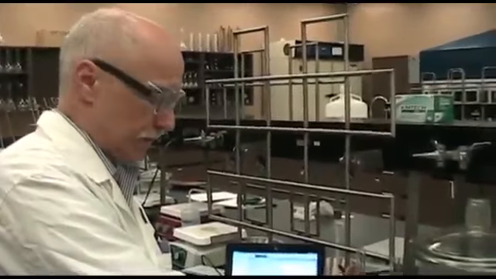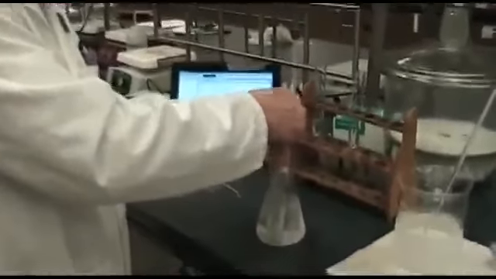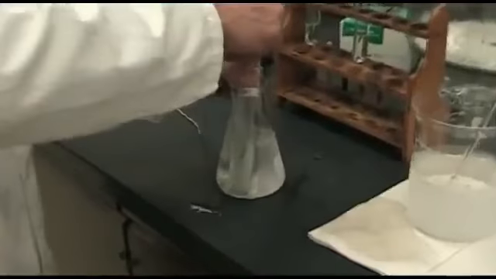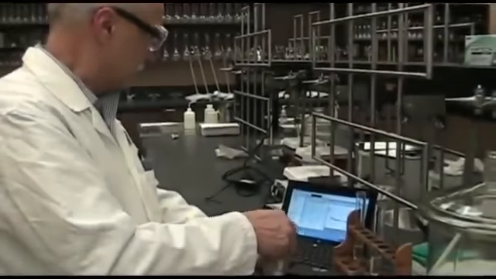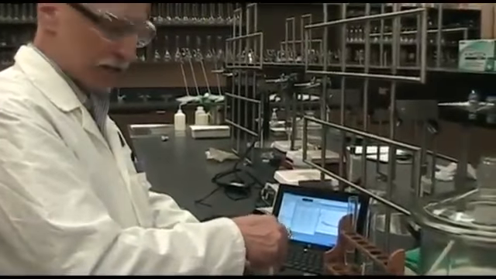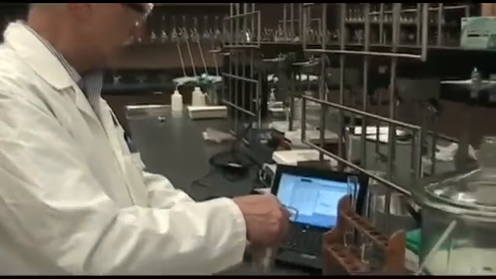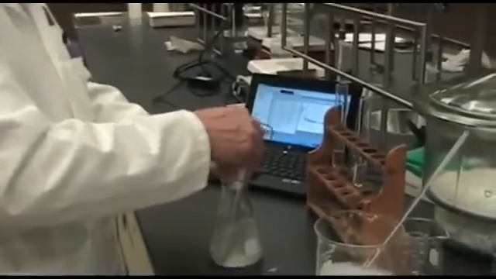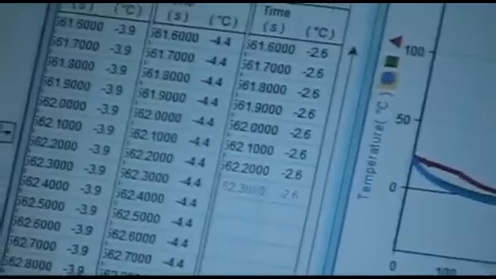Okay, so it's begun to get slushy, and so we're going to keep stirring it and get to a constant temperature as we did before with the other two solutions. Okay, so we're just coming down the last 40 or 50 seconds as we did the other runs, and it looks pretty steady at about negative 2.5 for the sucrose.